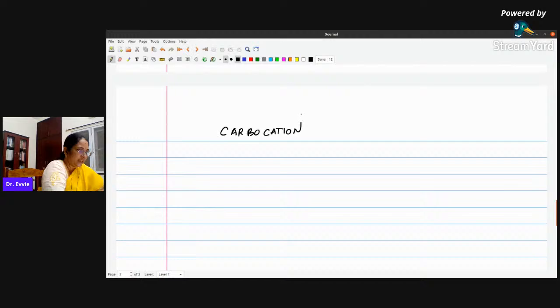Then I'll teach you about the free radical. First, let me tell you what the intermediates are. A carbocation can be like CH3 plus. This is a carbocation. A free radical can be like, as I have already told you, CH3 dot.